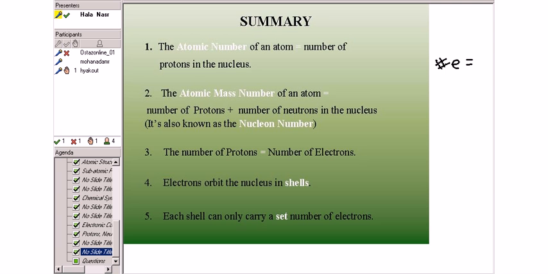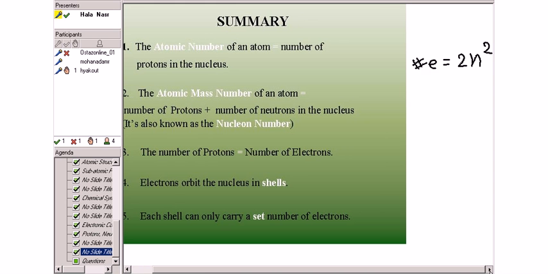Yes, say the rule first. 2 times, yes. Excellent. 2n squared. Mr. Ahmed, do you remember this n? What was this n? The number of the shell. Very good. The energy level number, it could be energy level 1, 2, 3, and so on.